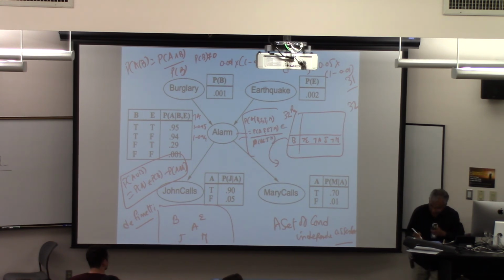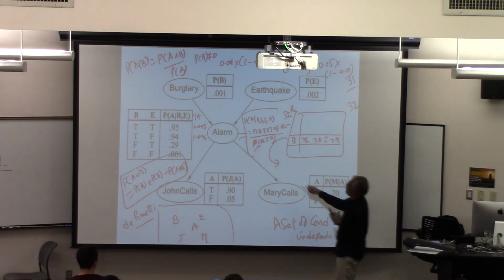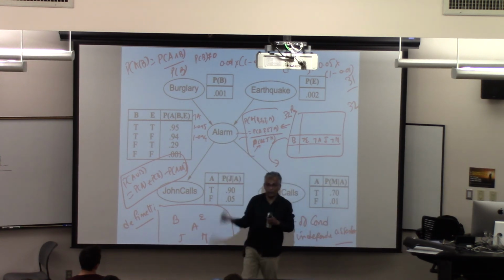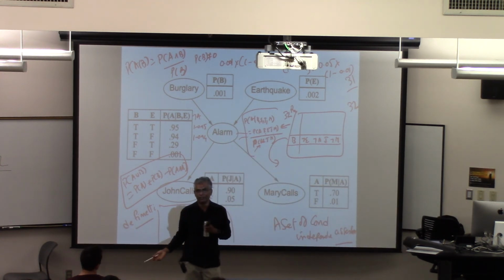This guy lives in the rows. One of the rows is this. This guy is just the summation of the rows A and not A, with the rest of the values being the same. That's how you will compute the value for alarm being true, and I can also compute the probability of not A. Then I will get the distribution. Typically you ask for the distribution.